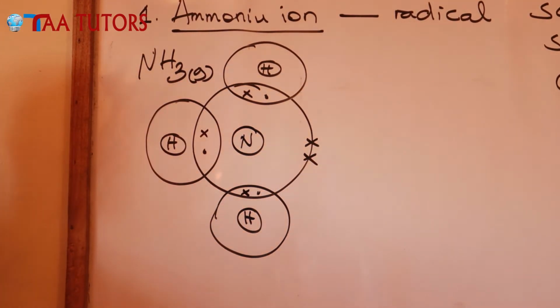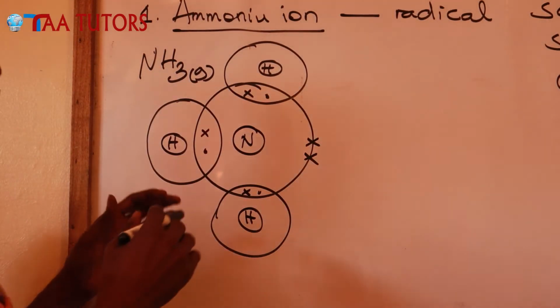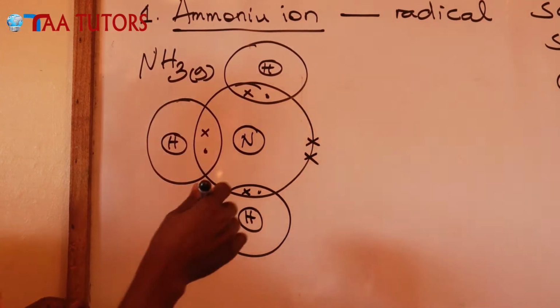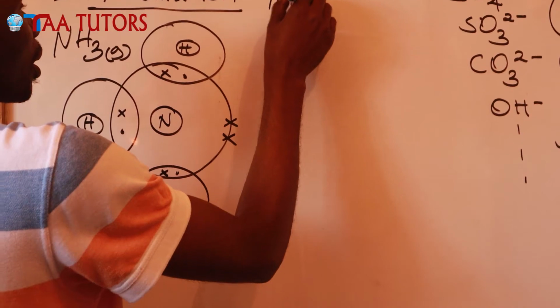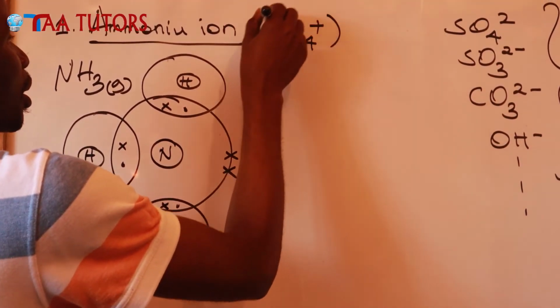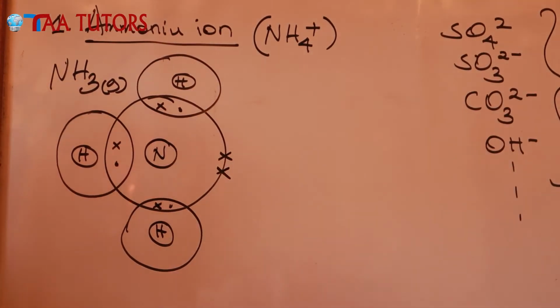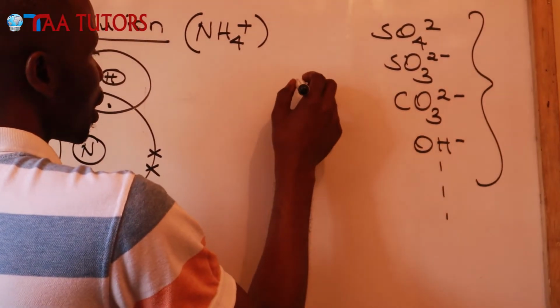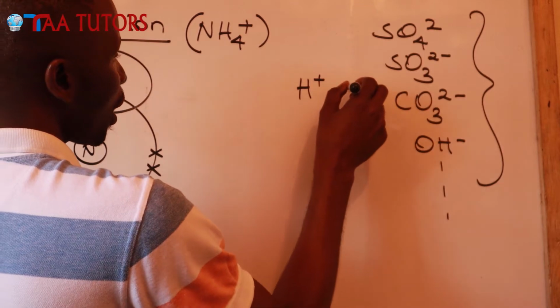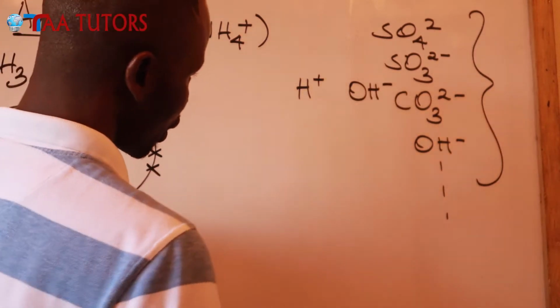I want us to assume that we take this ammonia gas and dissolve it in water. We bubble this ammonia gas in water. We know that ionized water has hydrogen ions and hydroxide ions.